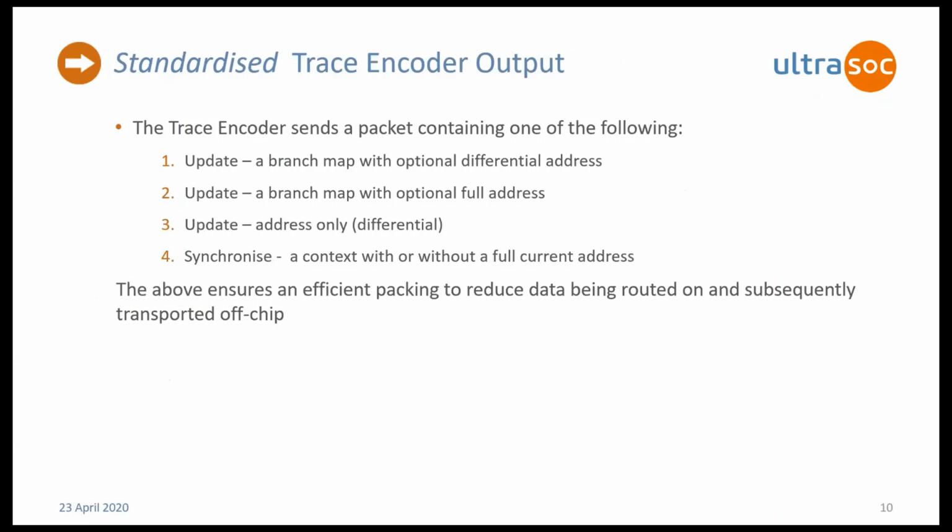The trace encoder outputs trace packets, and a number of different packet types are defined, but predominantly the efficiency savings come from having a branch map. For every branch instruction, we need to capture a single bit in the branch map to say whether this branch was taken or not, and that's it.